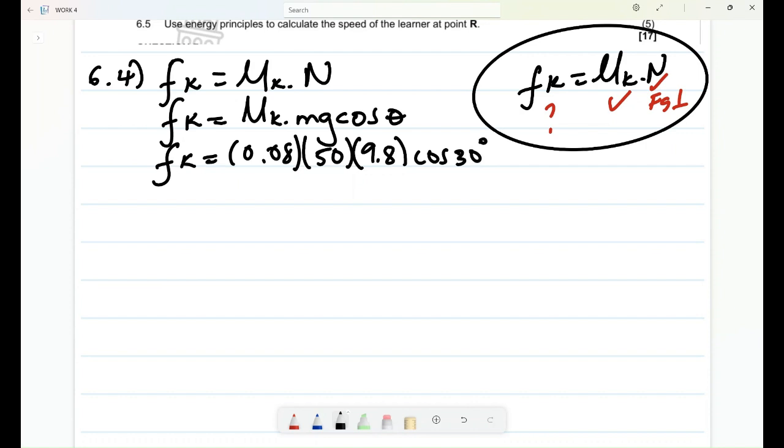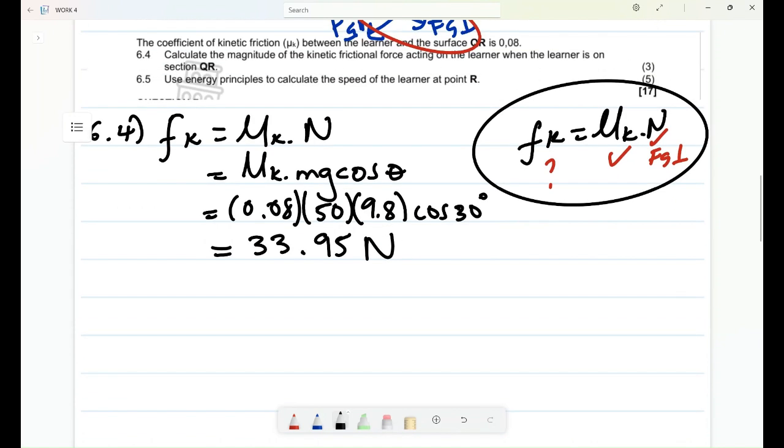Then let's punch this into our calculator. This is still Fk. Where is my calculator first? 0.08 multiplied by 50 multiplied by 9.8 multiplied by root 3 divided by 2, which is cos 30 in this case. The answer that I'm getting is 33.95, but 33.95 what?